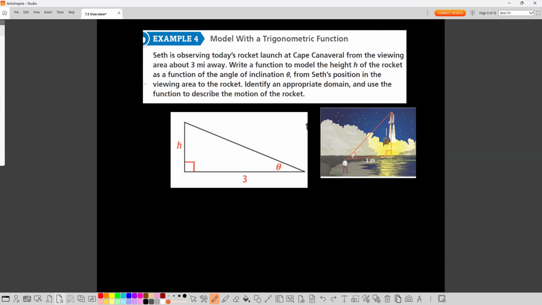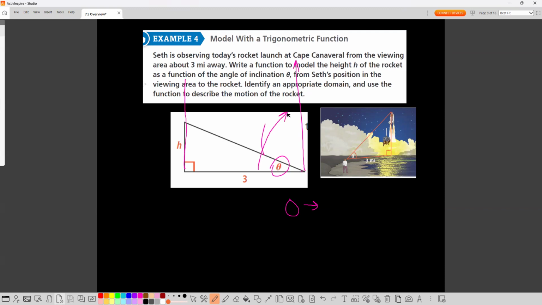And the final question, identify the domain. Well, the domain x, the angle here, it's going to go from 0 all the way up to, will the rocket ever be directly overhead? Because as the rocket goes up, the angle is going to continue to go up.